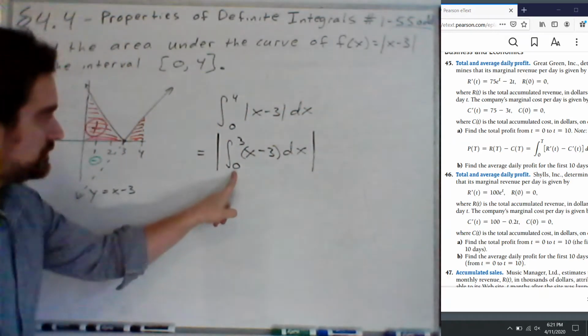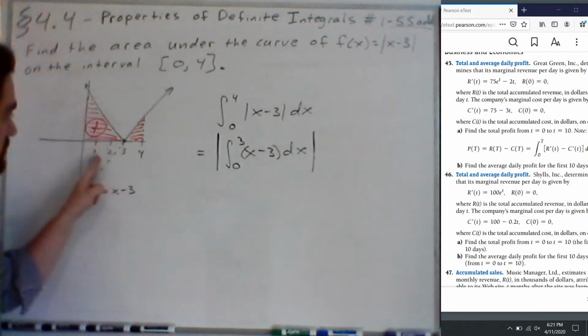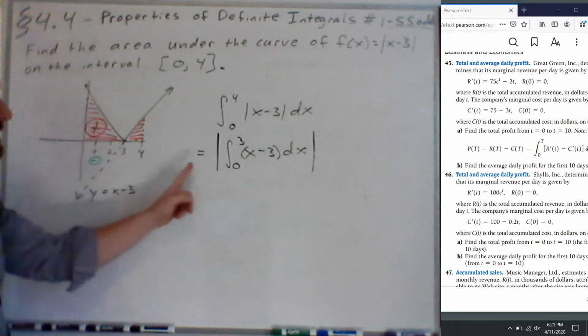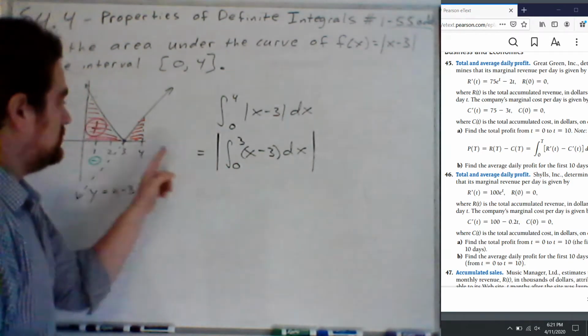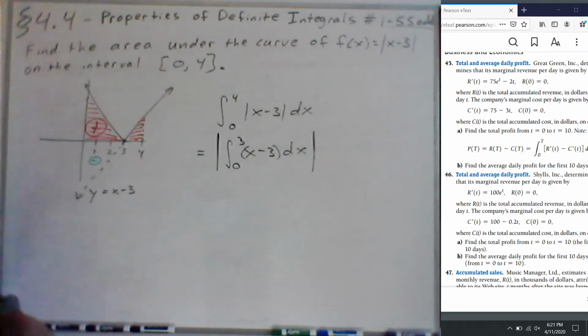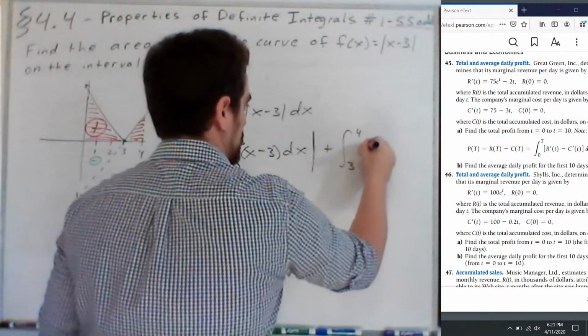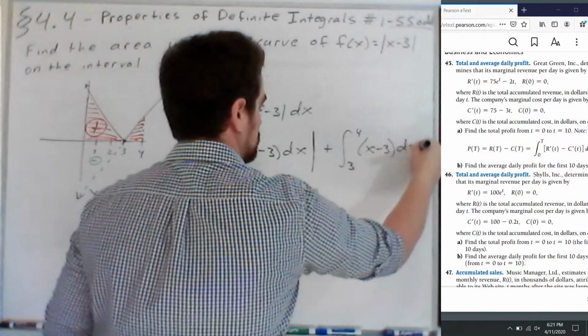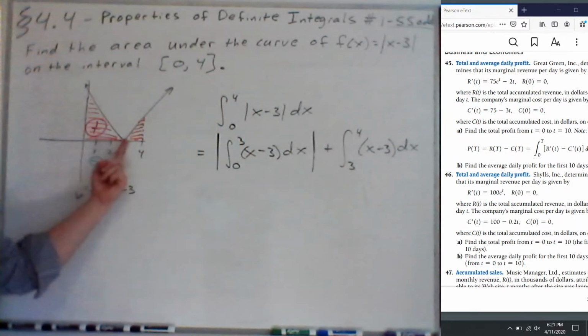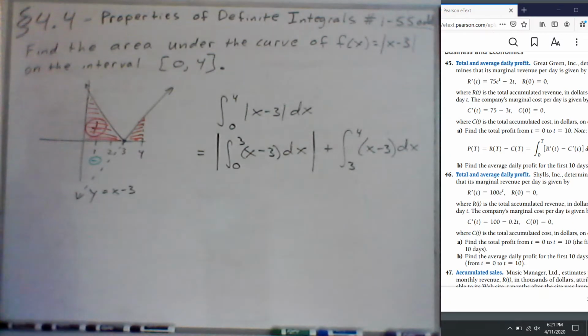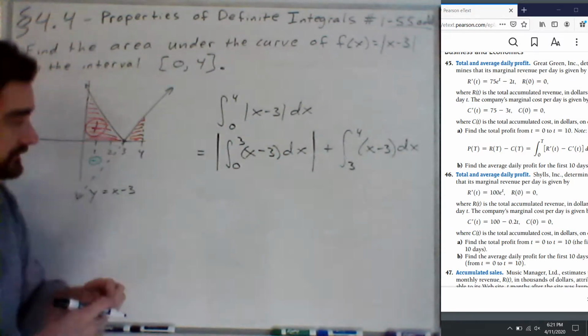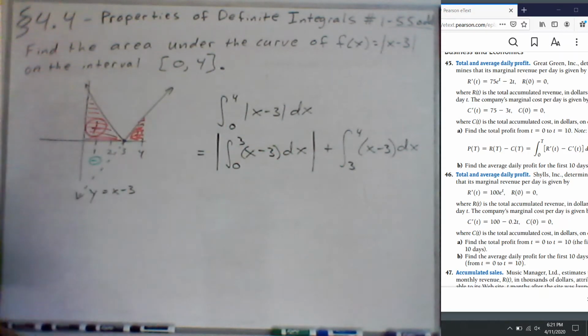I have to change where I start and stop my integration, because that's going to give me the positive version when I take the absolute value. But this piece from 3 to 4 is already positive. So I integrate from 3 to 4 that linear function x minus 3 with respect to x, and it will give me exactly what I want. So there's no need to mess with the other piece. It's positive, it's going to stay positive.